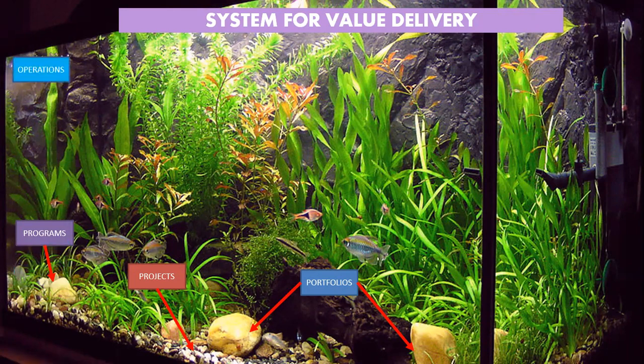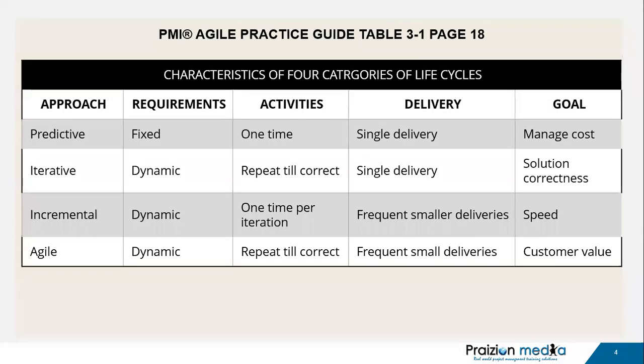We have operational work. Think about operations as the lifeblood for the organization. This is the water in the aquarium. And then we have the outcomes. We have plans, we have benefits. Those benefits will be experienced by the inhabitants of the aquarium.